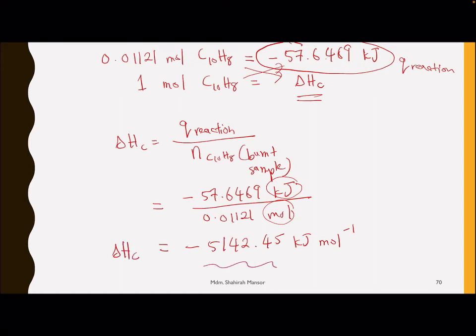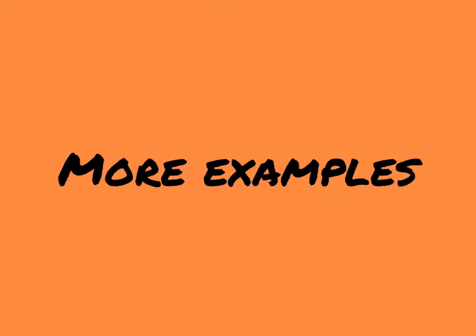This answer is consistent with the enthalpy of combustion. Why? Because enthalpy of combustion refers to 1 mole of the burnt sample, and since we are burning 1 mole of the burnt sample, the unit must be kilojoule per mole.